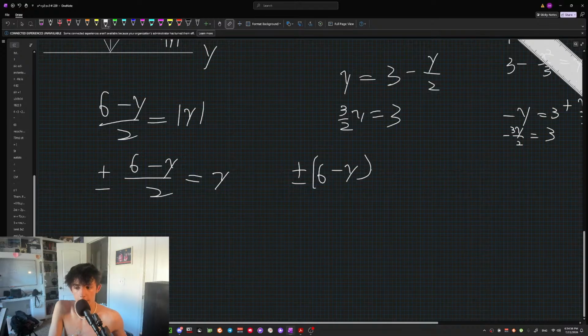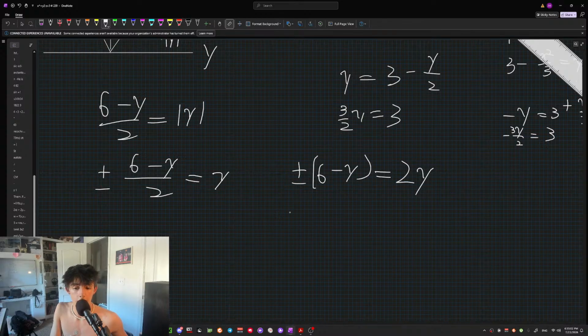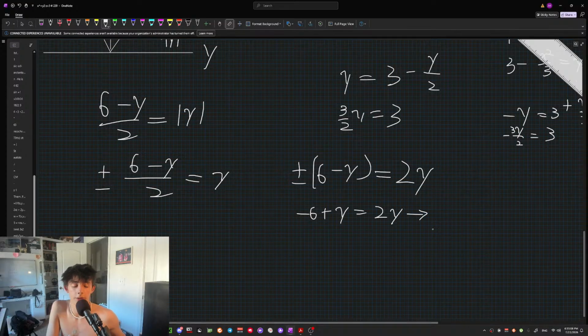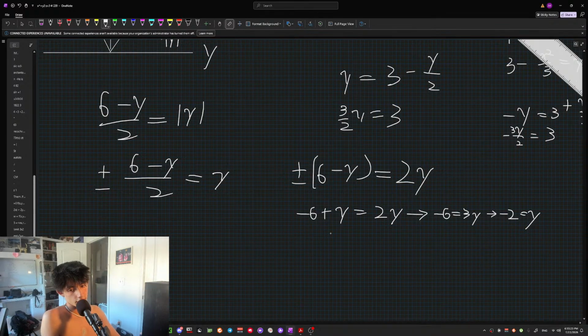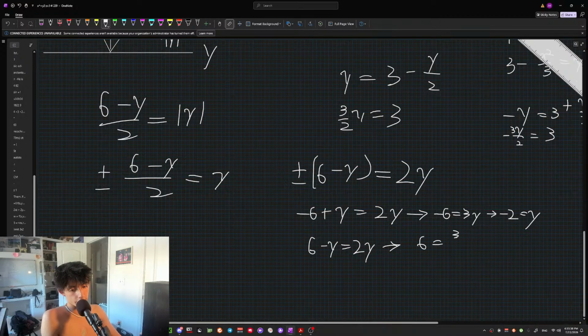6 minus y equals 2y. So if we say negative 6 plus y equals 2y, then 3y equals negative 6, such that negative 2 equals y. Or we could have positive 6 minus y equals 2y, and in this scenario you just have 6 equals 3y.